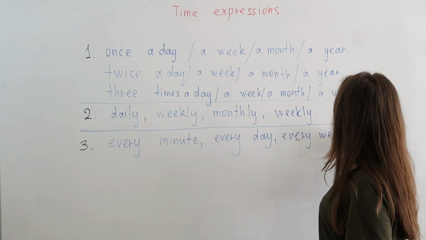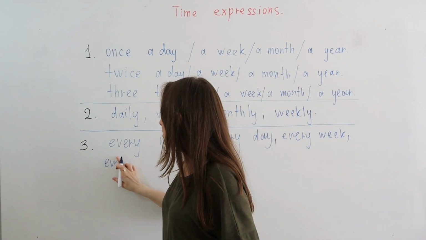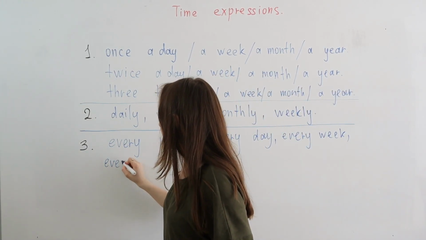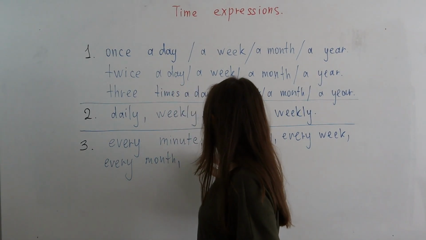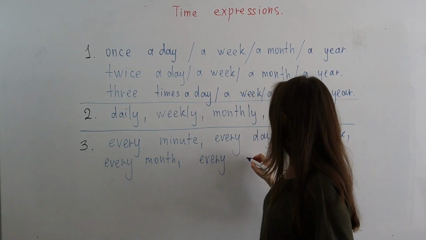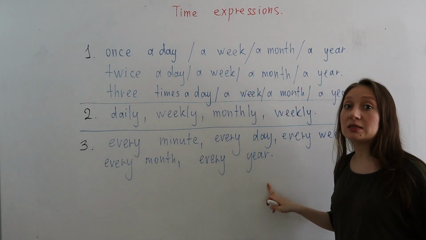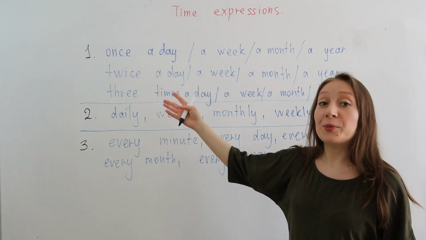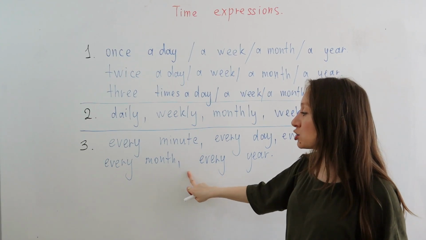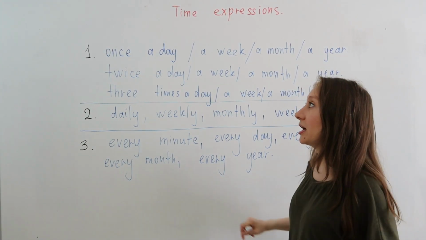Next, every month. And last one, every year. Of course, you can use different words: every season, every summer, every winter, every September, and so on. So it shows the repetition, how often you do this or that.